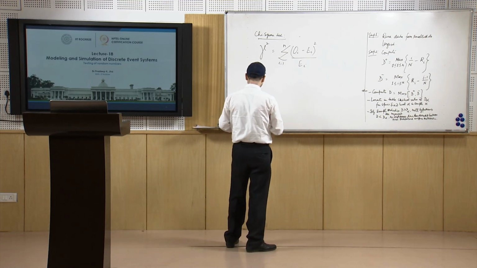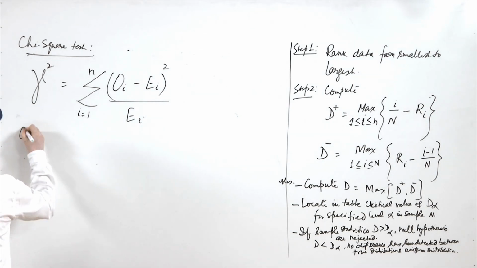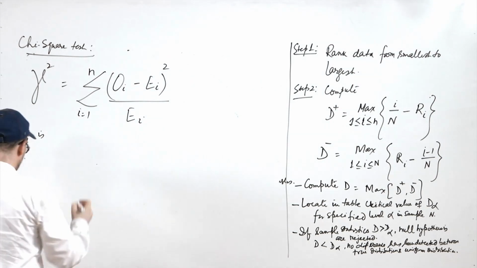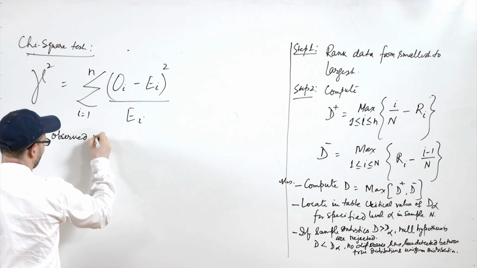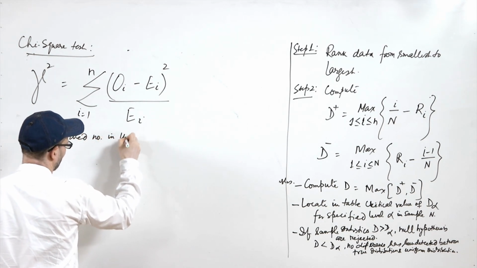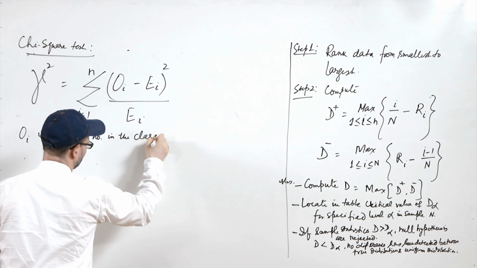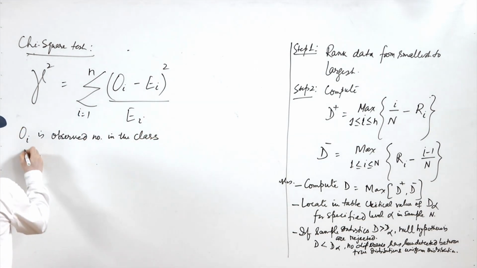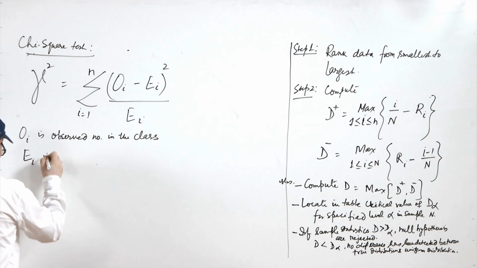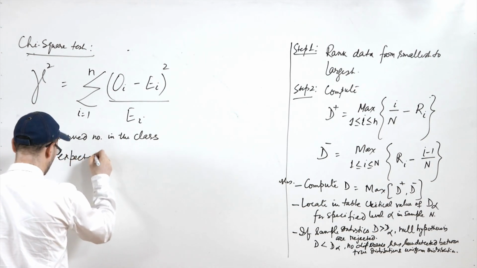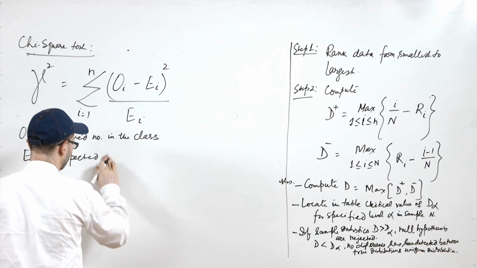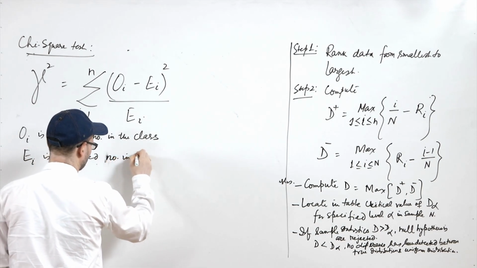So, what is done is, OI is the observed number in the class, and EI is the expected number in the ith class.